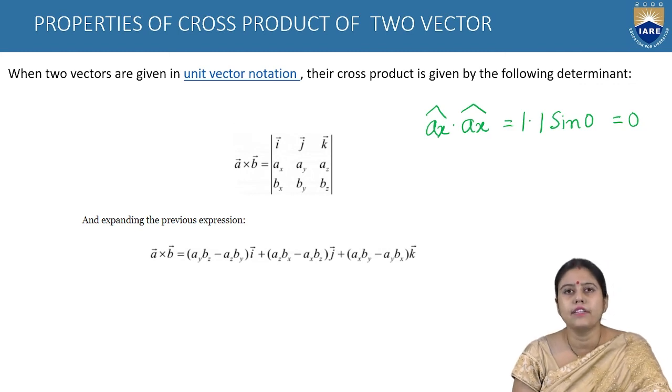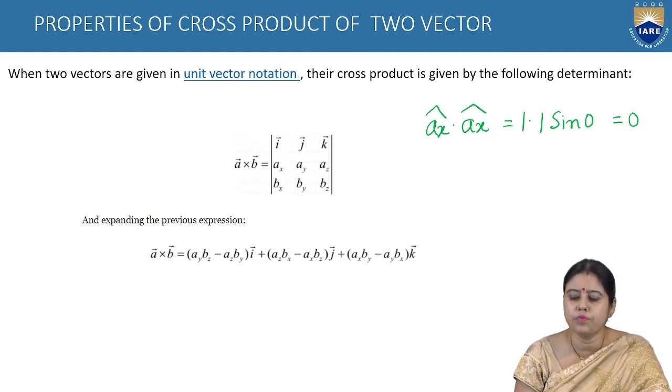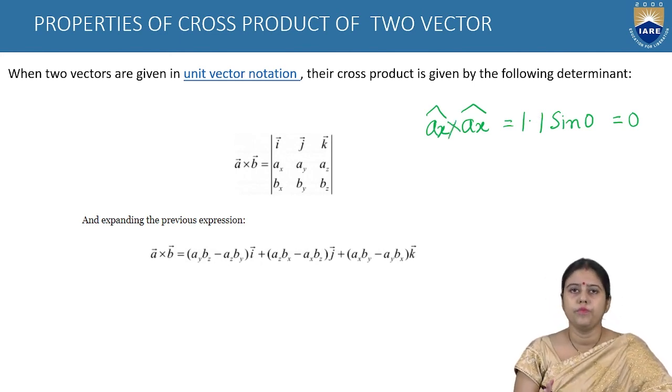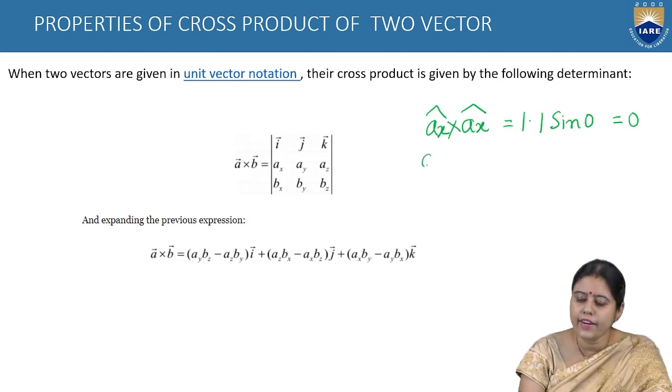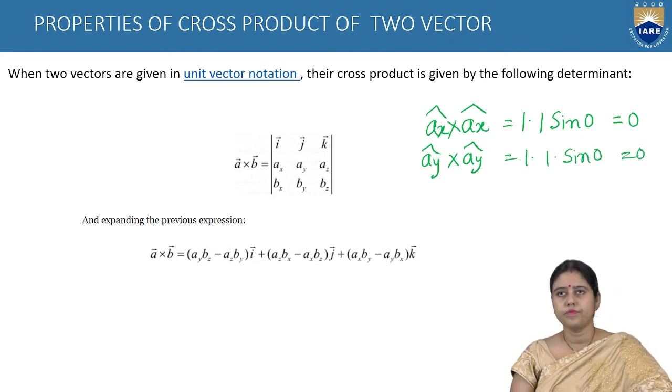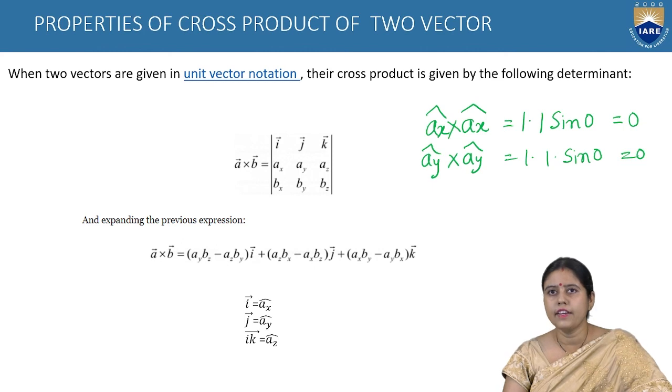So if two vectors are parallel, the cross product is always 0. If we write AY cross AY, 1, 1, sin 0 is also 0. I think this is clear to all.